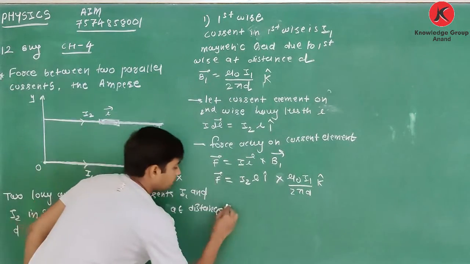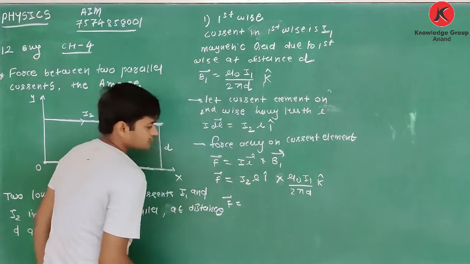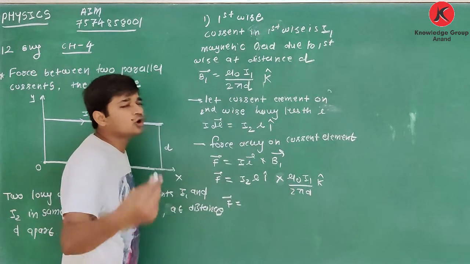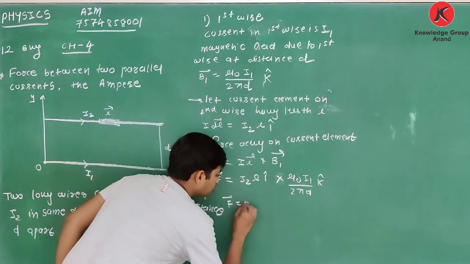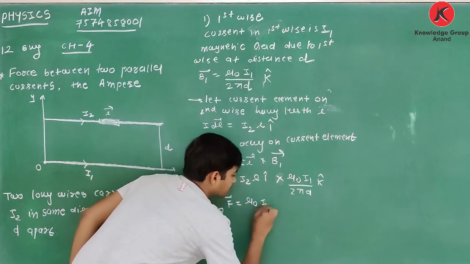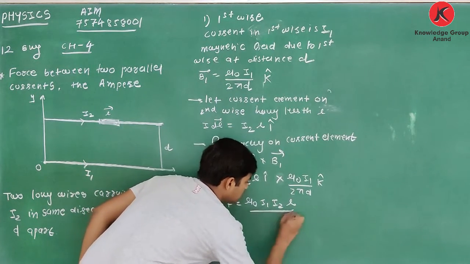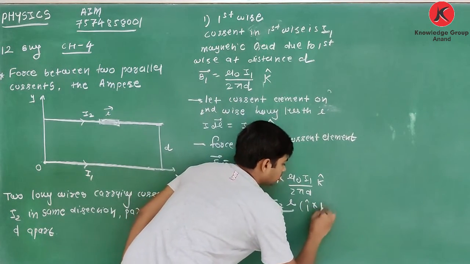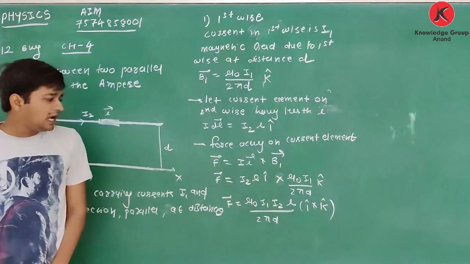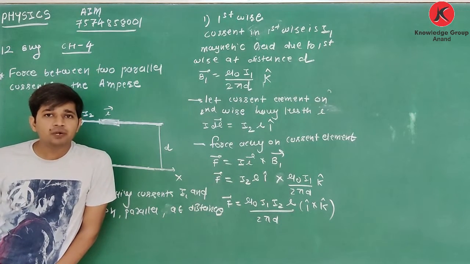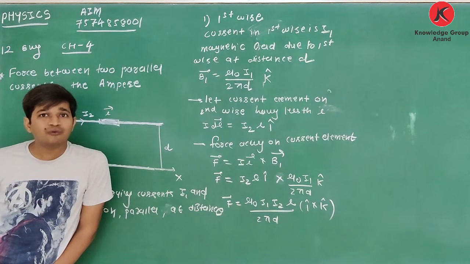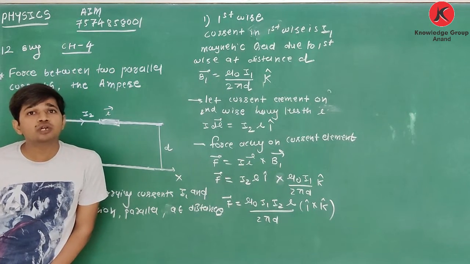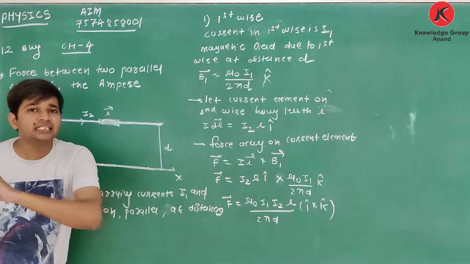Each and every quantity here is scalar, so I can write mu 0 I1 I2 L upon 2 pi d, and in brackets only i cross k. If you remember the vector product from 11th chapter 4, i cross k is equal to minus j.